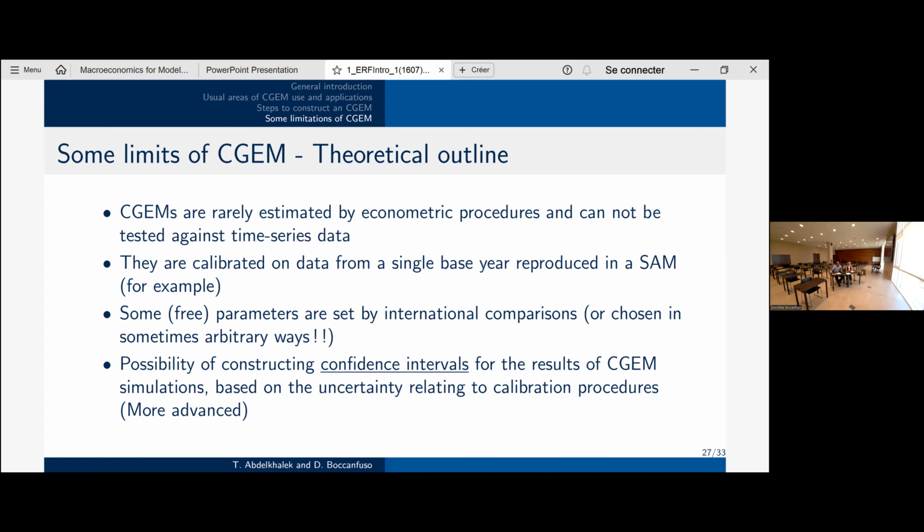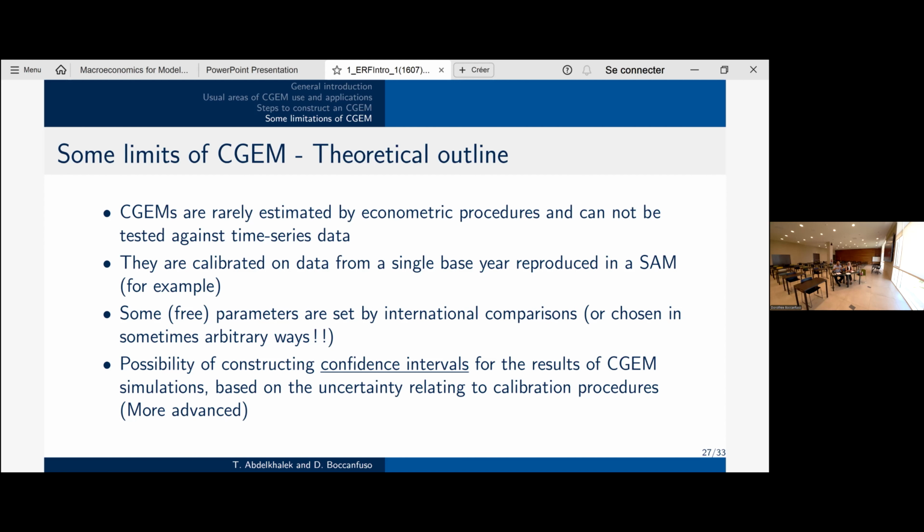Some free parameters come from outside, and sometimes the choice is arbitrary, and there is an uncertainty from this. So in the calibration, we can orient the results.